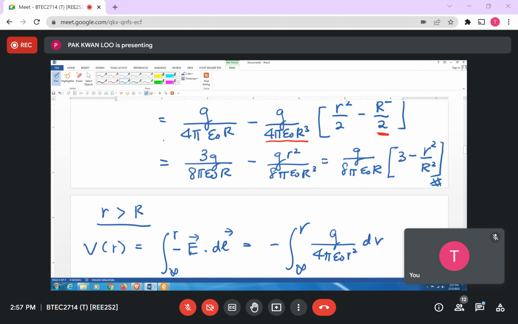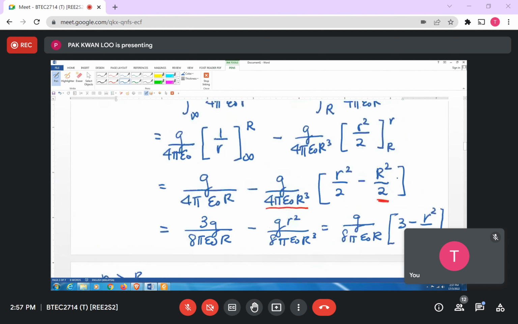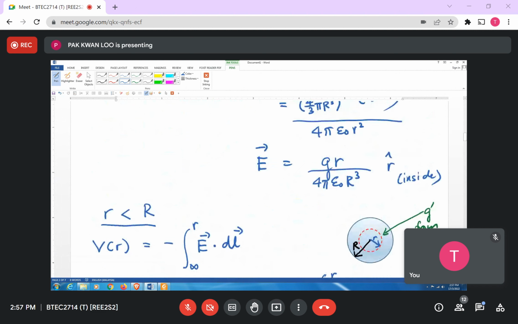So you can compare it with the expression for E that we get using Gauss law.